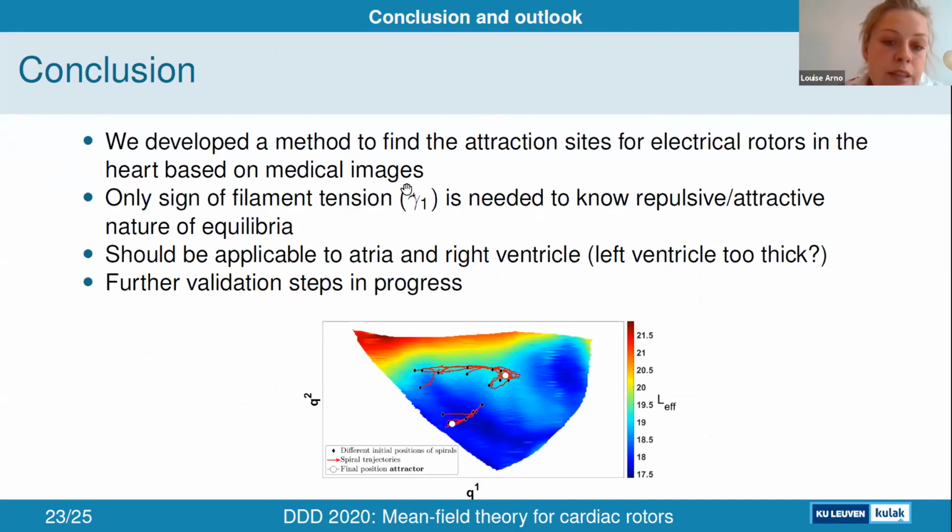And when we know the medium parameters, we can predict the drift of the spiral wave on this two-dimensional surface, for which the 3D effects are captured by the potential. And after some validation, we think we should be able to apply this to the atria and to the right ventricle, since they have small thicknesses.